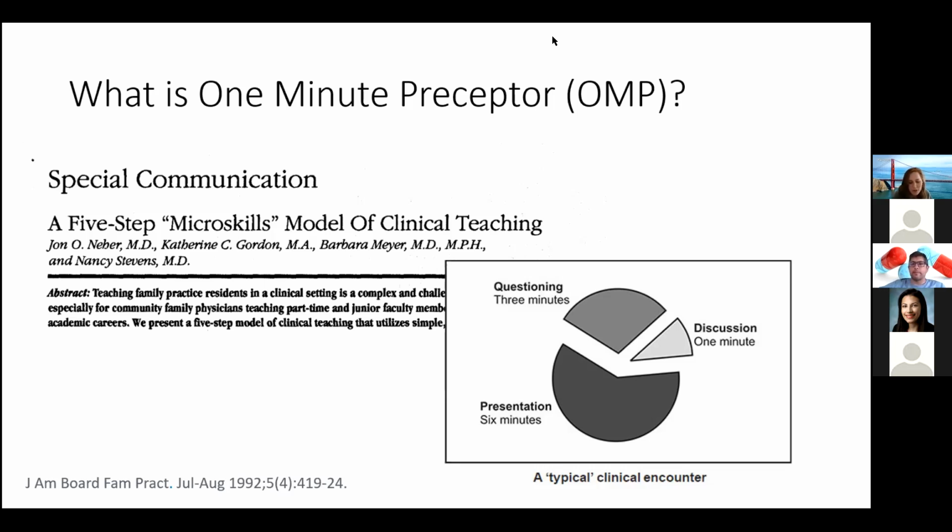By then, really only 1 minute of the 10 minutes is left to address the learner's teaching need. I don't think this is meant to be taken literally, that all of this teaching is going to happen in 1 minute. It's just meant to evoke the way that it maximizes your scarce teaching time.